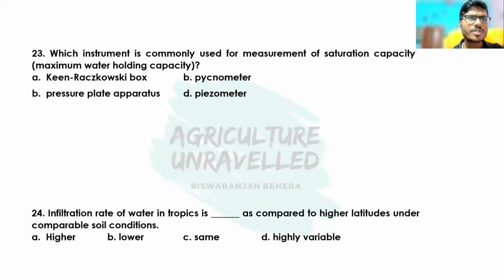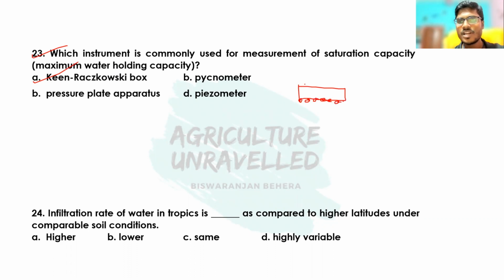Then coming to the next question: which instrument is commonly used for measurement of saturation capacity, that is the maximum water holding capacity? The correct answer is Keen Rackzowski box. This is nothing but a simple tool, a simple can-like structure, and in this can there are holes at the bottom.